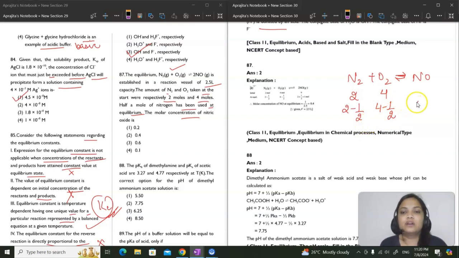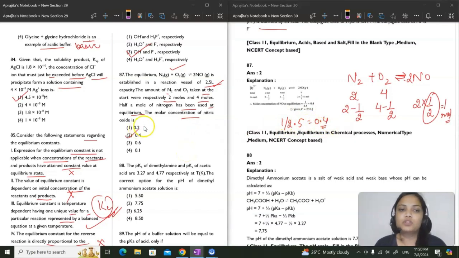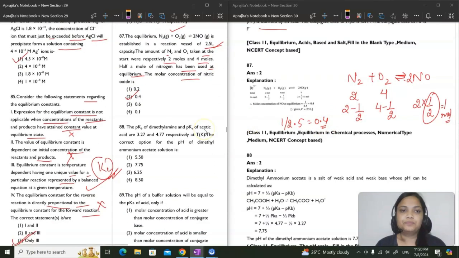And here 2 into 1 by 2 of nitric oxide, so it's 2 now, because half will be formed, so 2 into half will be formed, which is 1 mole. We have to find the molar concentration. Volume is 2.5 liters, so it's 1 upon 2.5, so the concentration will be 0.4. The answer is option 2.